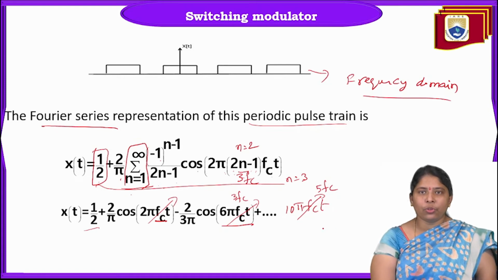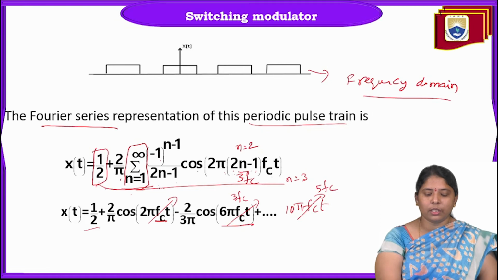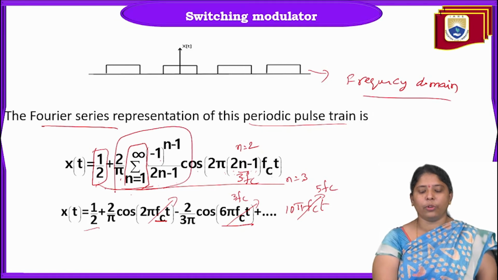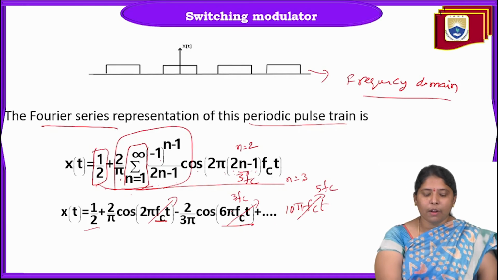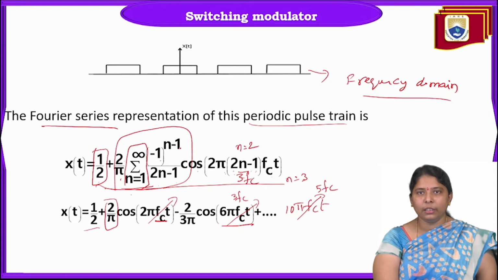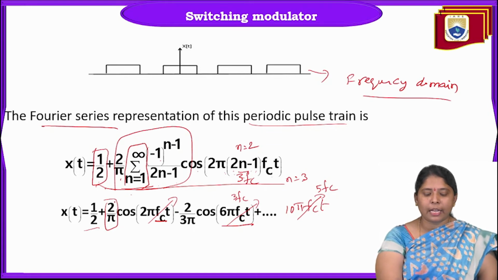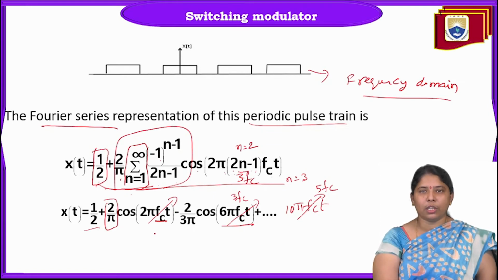And each amplitude depends on the term. This term is called the amplitude of the harmonic. For the first harmonic amplitude, if we keep n as 1, we are going to get 2 by pi as the amplitude of the first harmonic.